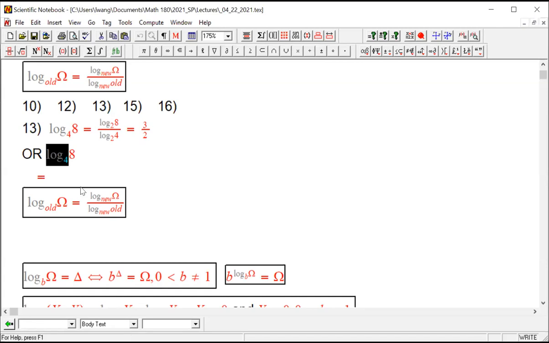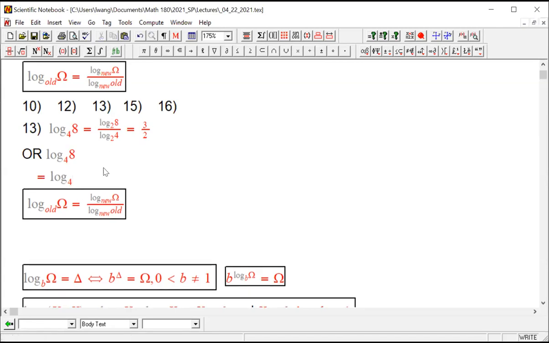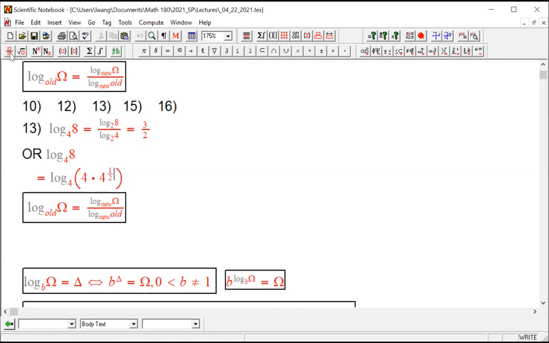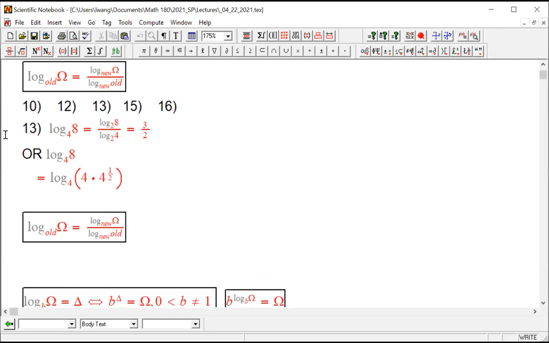So I can do it this way, the power way. What I would do is see it as 4 times 2, right? And this 2 is 4 to the power of what? Half. And you can even use the product rule here.